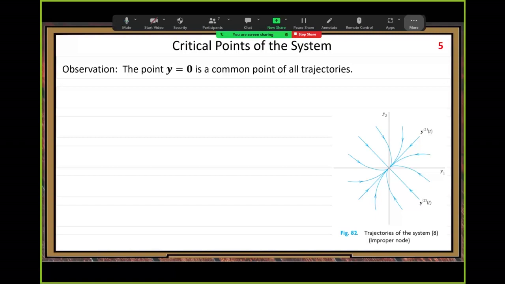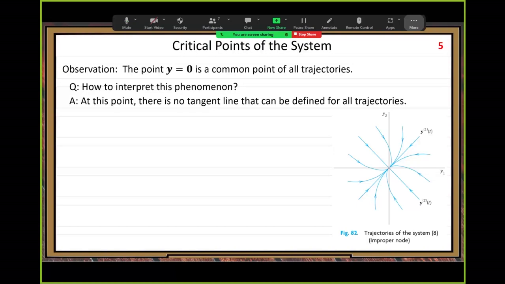How to interpret this phenomenon? All the trajectories end up at this point when t goes to positive infinity, at the origin.